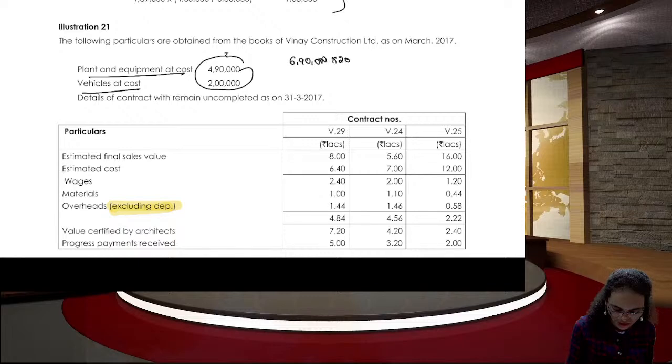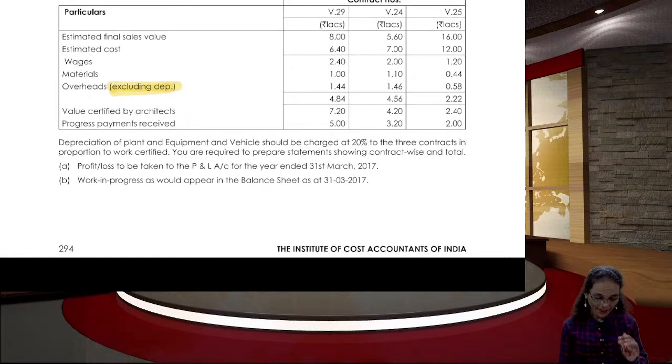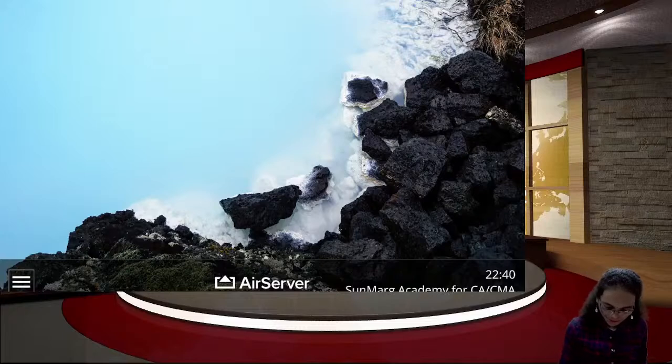In this, 20% is the depreciation, that is 1,38,000. But for 3 projects, how to segregate? The basis is given here: to the 3 contracts in the proportion of the work certified. What is the proportion of the work certified? I'll write here. 7.2 divided by 13.8 into depreciation of 1,38,000.